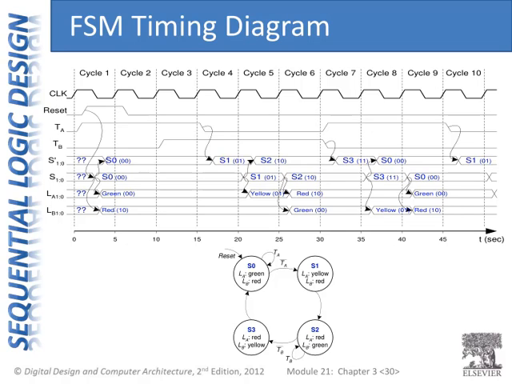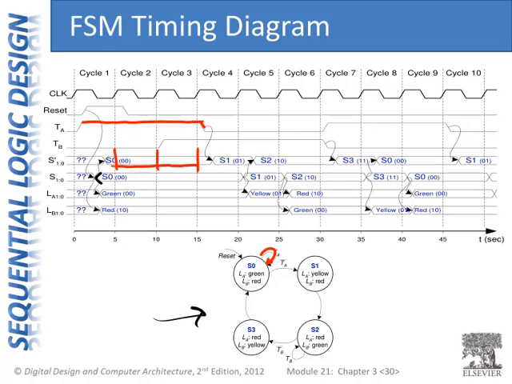We can also look at the state transition diagram to see what we would expect. So we get into the reset state, which is S0. TA is high for quite a while. And so the next state that should be calculated, well, when TA is high, the next state should be S0. And in fact, that's what it is. Next state is S0. So the current state at the clock edge becomes S0.